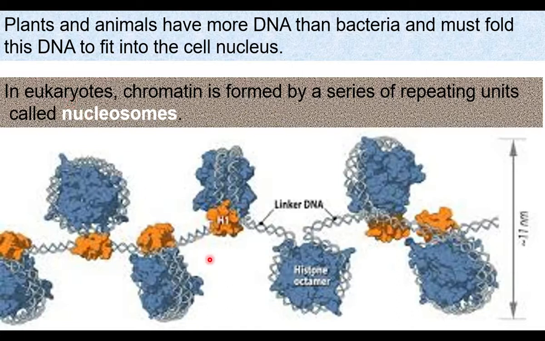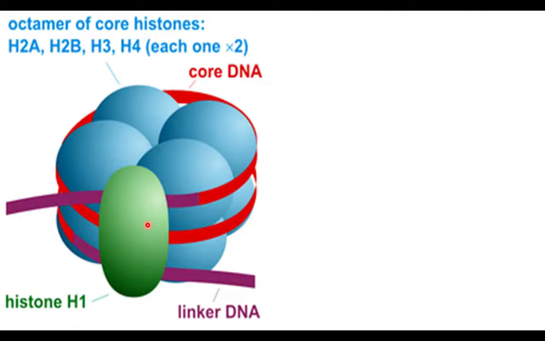Now let us discuss how a nucleosome is formed. This is one nucleosome. Do you know what an octamer is? Octa means 8, an octamer of core histones.